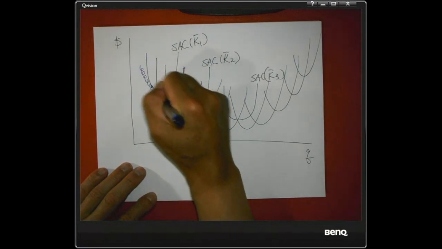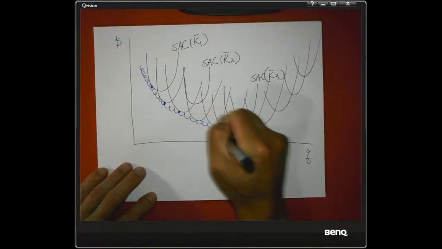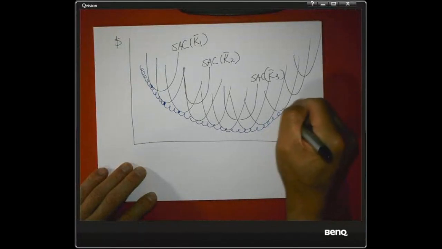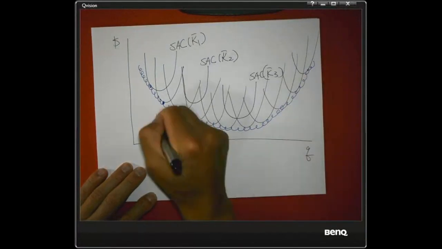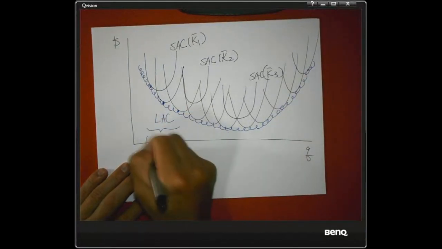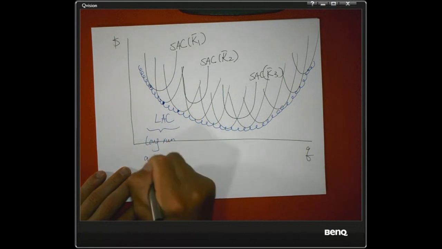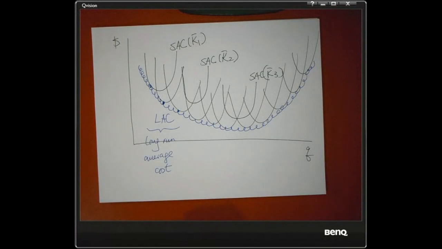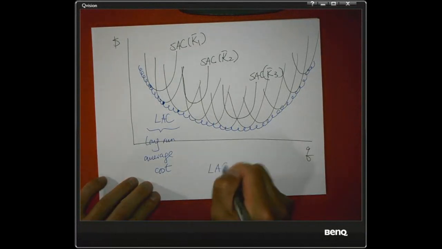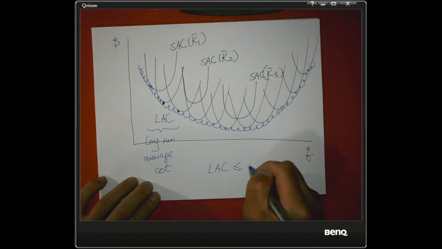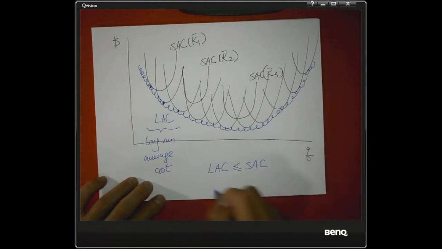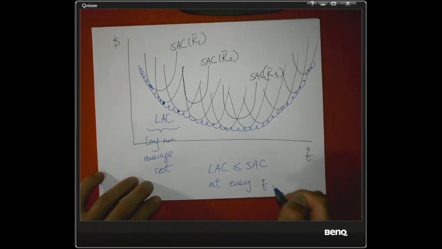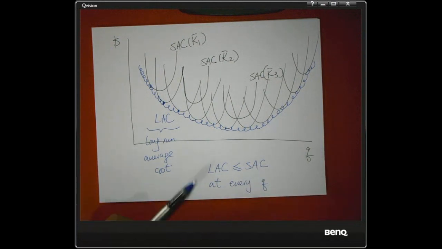Then the long run average cost must be less than or at most equal to the short run average cost at every level of output. Because in the long run, you are more flexible.